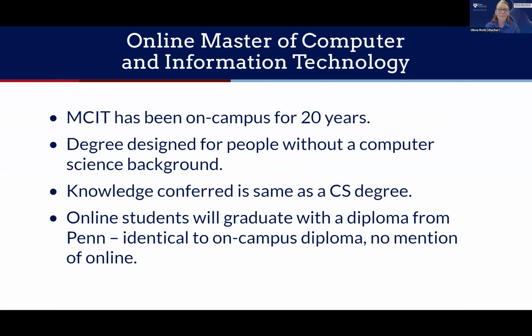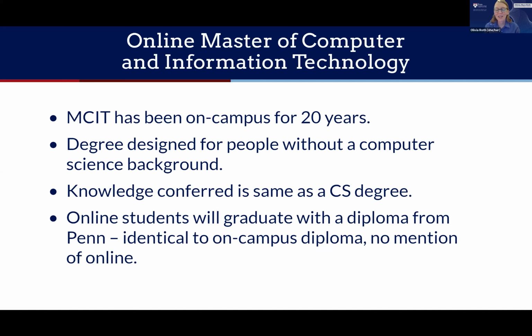What's unique about this degree is that it's designed for people without a computer science background. So what that means is a person needs an undergraduate degree in any field and an aptitude for quantitative skills. But other than that, the person would be eligible to apply.